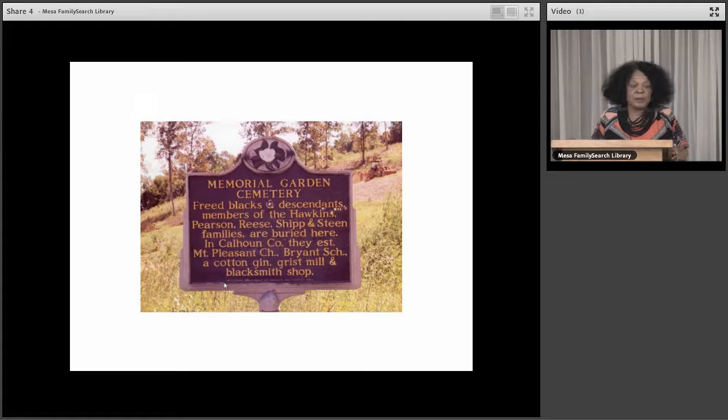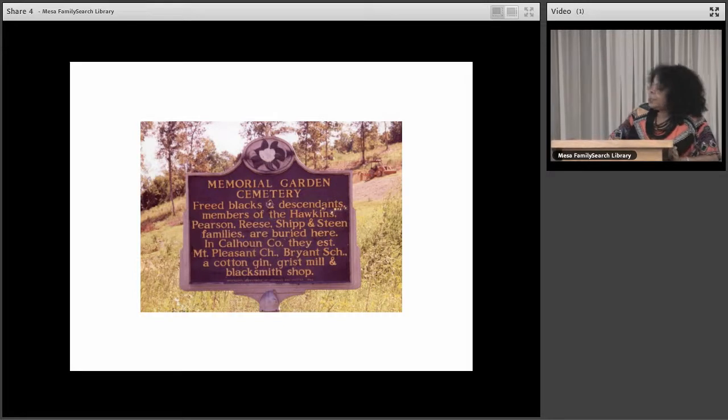This is my paternal side, and my father's family was from Water Valley, Mississippi. Actually, the little town was called Springdale, which no longer exists, but in the cemetery they have a memorial plaque. And freed blacks and descendant members of the Hawkins, Pearson, Reese, Shipp, and Steen families are buried here.